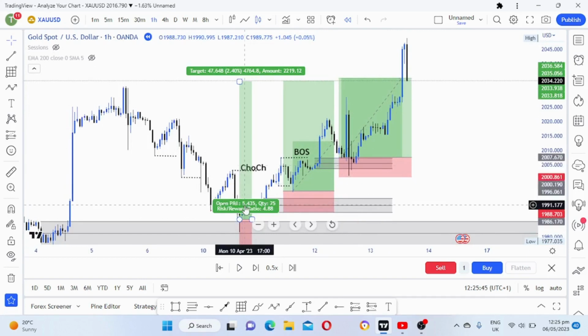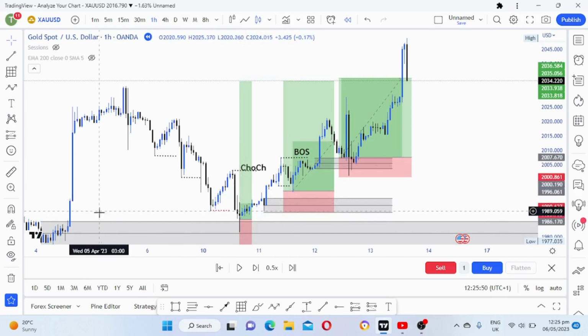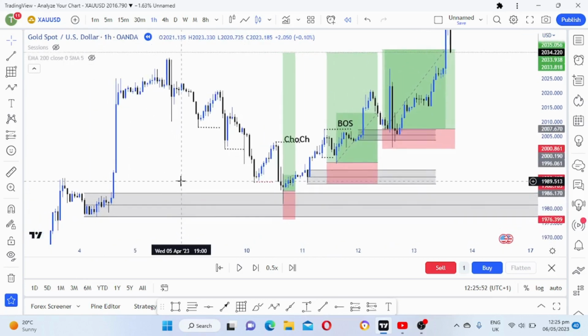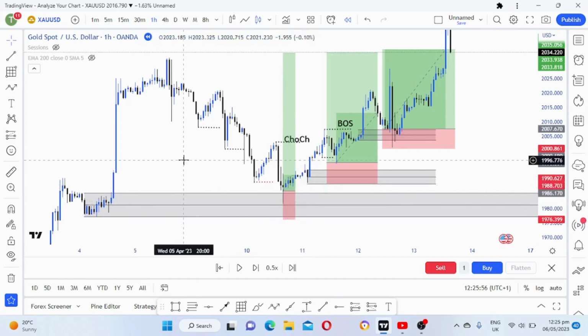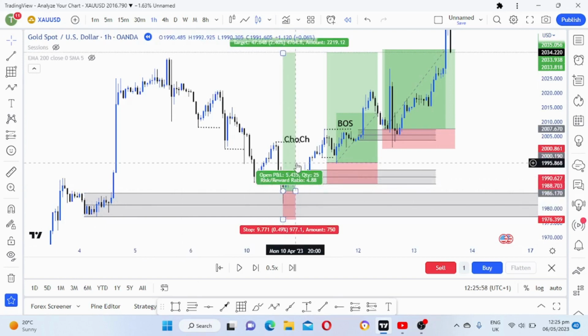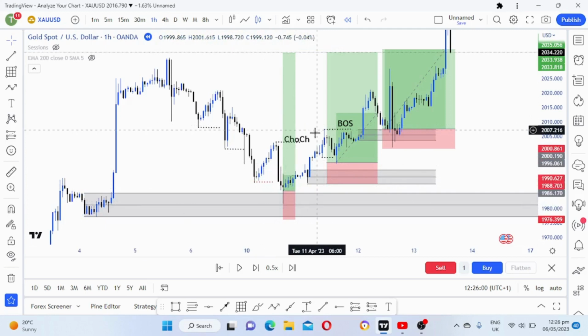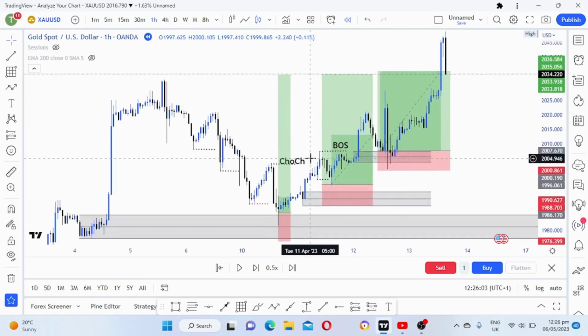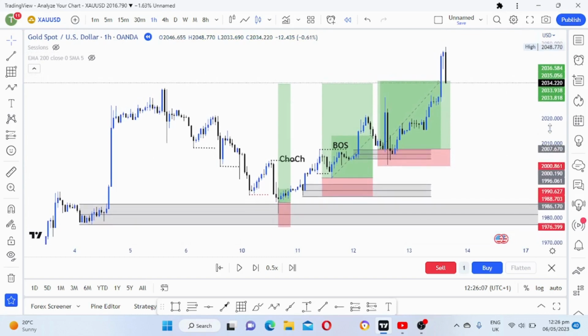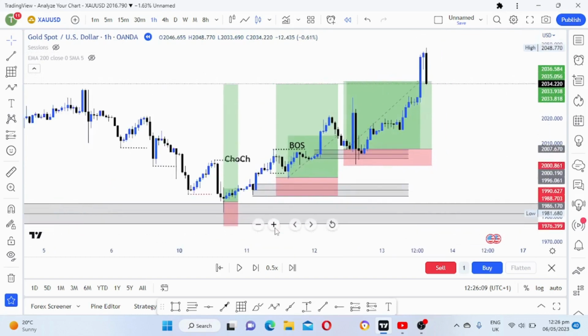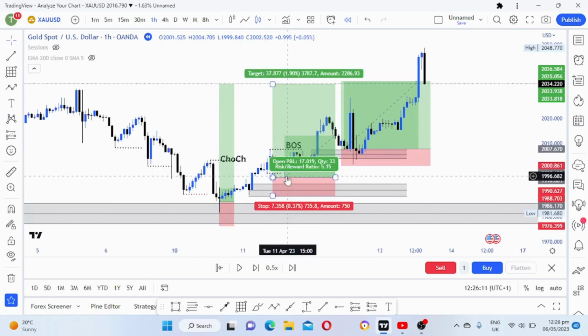The other one, the aggressive one: after price tapped into where? After price tapped into this demand zone, which is here, we would have entered after this candle closed. And then another entry would have been here, guys.